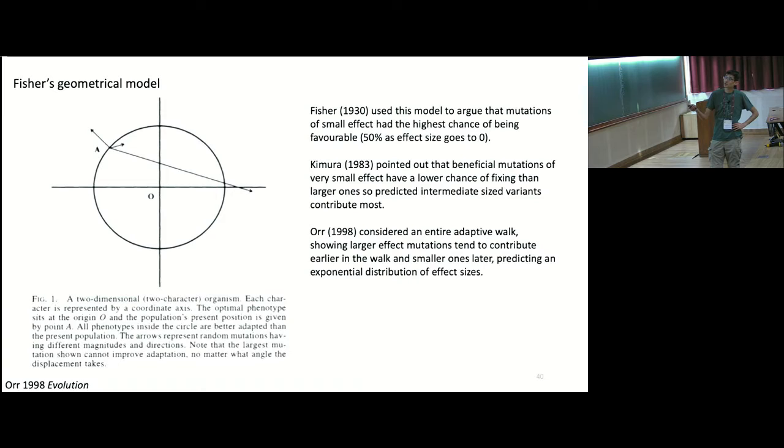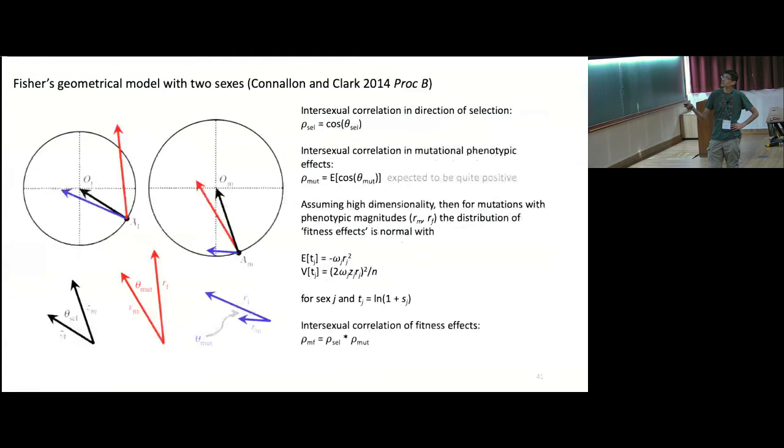So I want to just think about this a bit conceptually when we think about having 2 different sexes. So this is from a model by Tim Connallon and Andy Clark. And now you can think of exactly the same idea, but you have to think about it for both sexes. So here's a female optimum and a male optimum, and where the current female phenotype is and where the current male phenotype is.